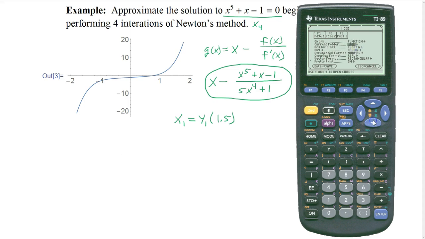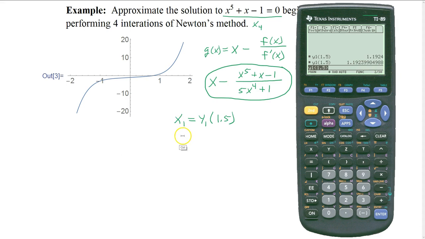I have to cursor down, over, and I'm just going to set it to float, and then hit enter. That'll give us more decimal places. So now I'm going to hit enter again, clear that out, y1 of 1.5. And there we have many more decimal places of accuracy.